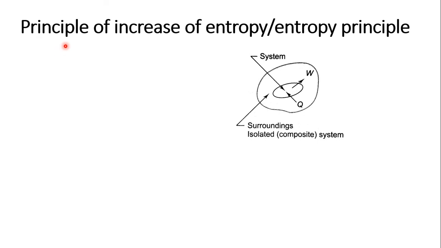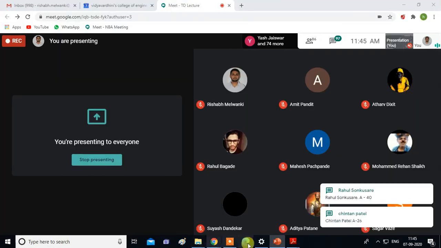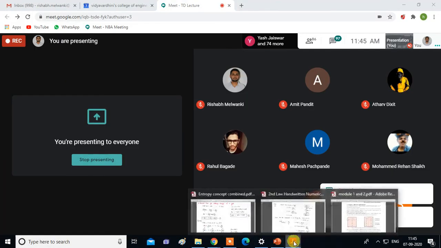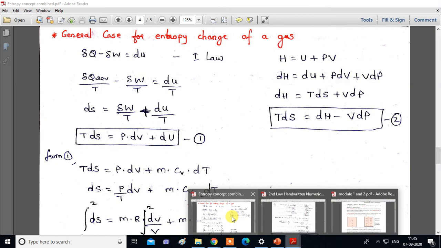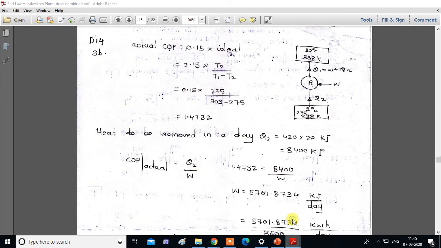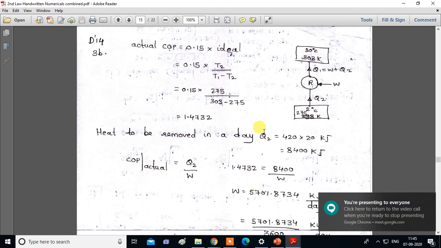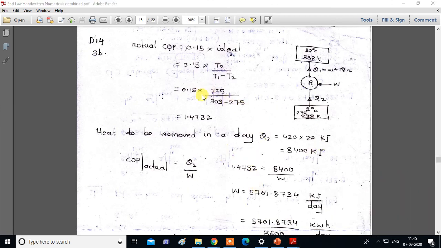Before concluding the lecture, we will talk about a numerical which we had seen in the previous lecture. There was a doubt related to this, so let me go back to that particular numerical.